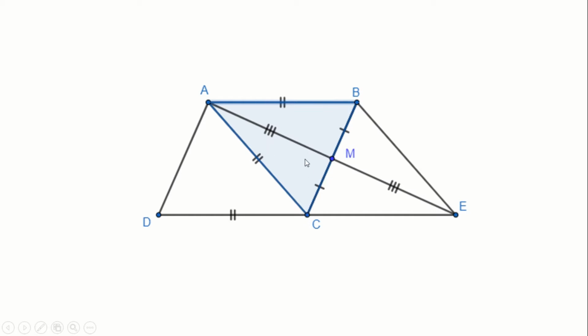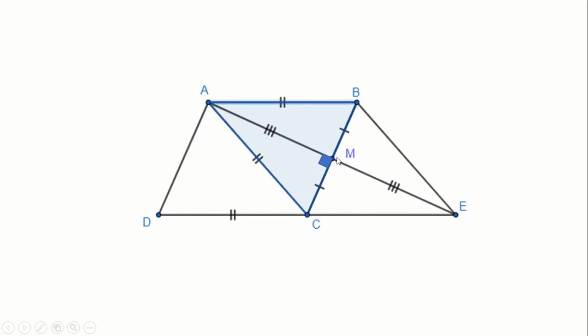So here we needed an altitude or height to BC. Can't we say in this case that AE is then perpendicular to BC, since we have A, M, and E are collinear by symmetry?